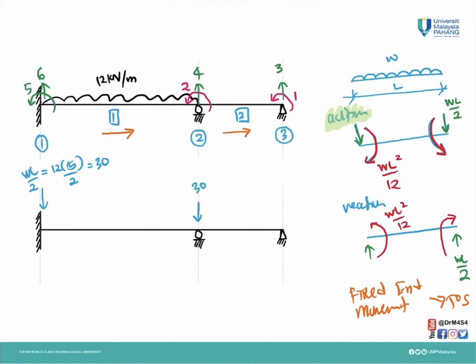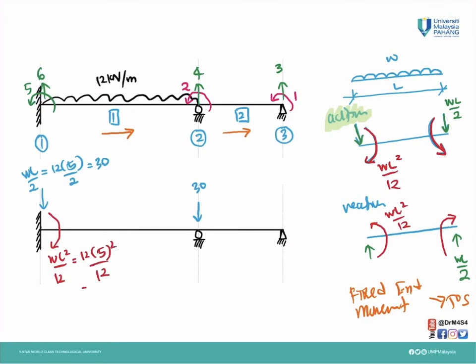And you have to calculate the action on the moment. The formula for that one is WL squared divided by 12. So 12, length is 5 meter, squared, divided by 12.